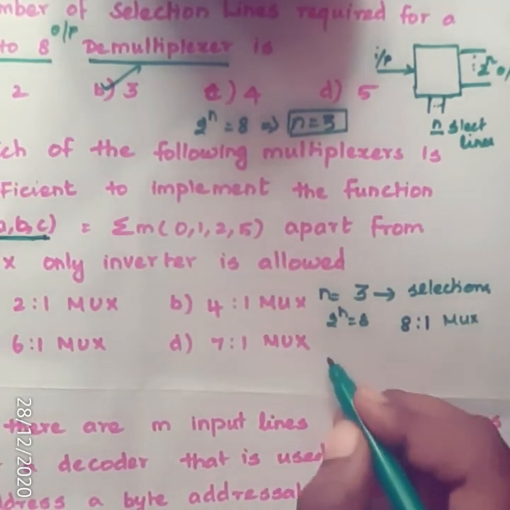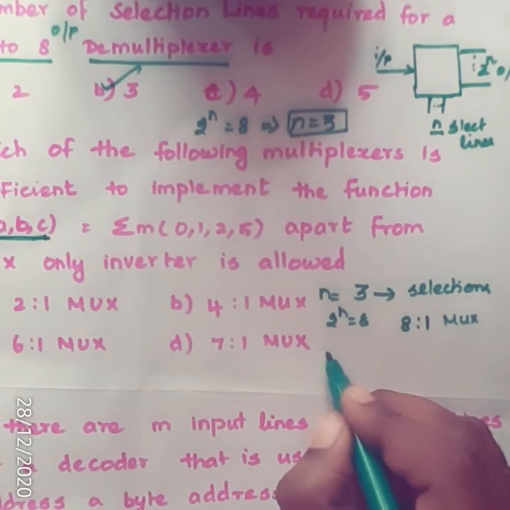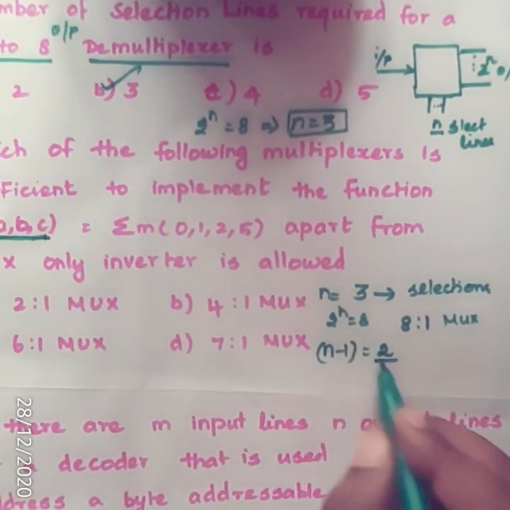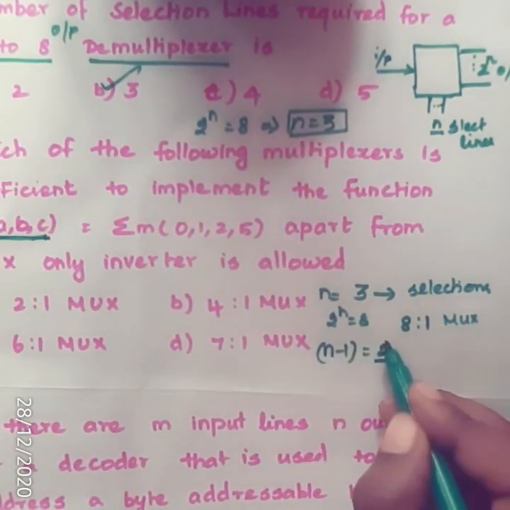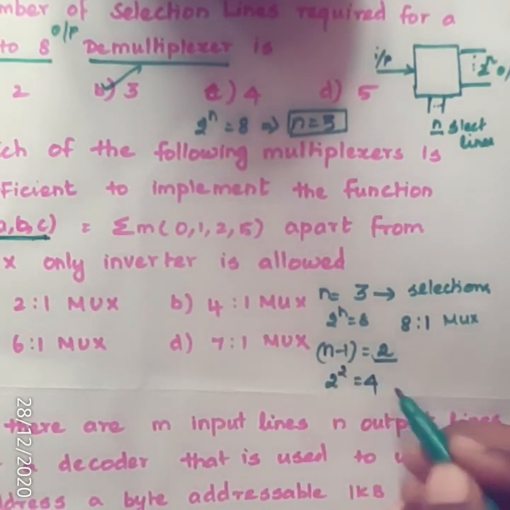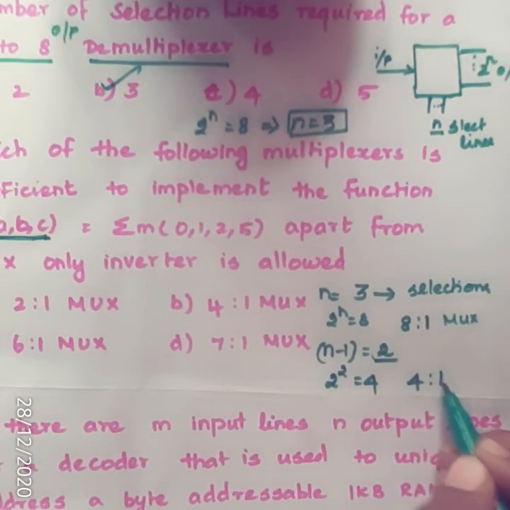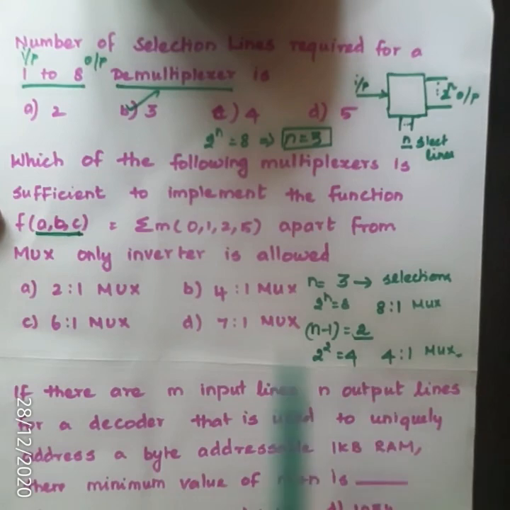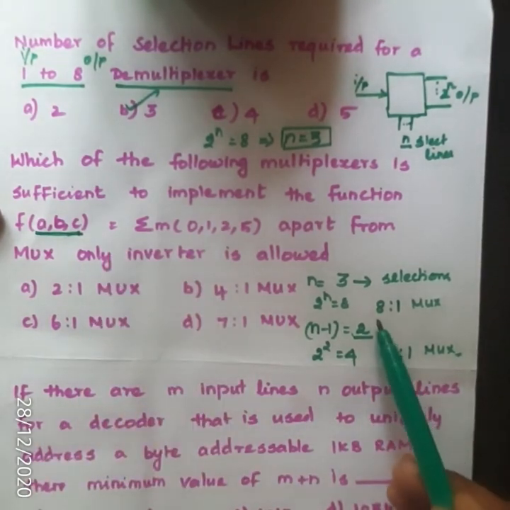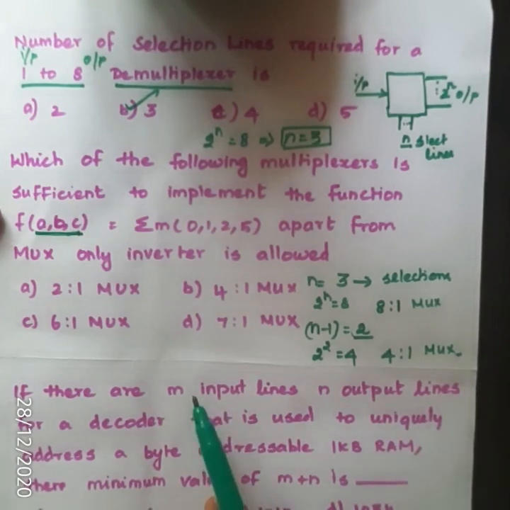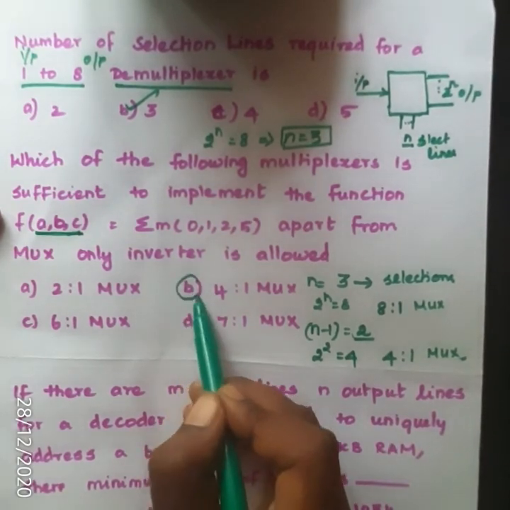Another method is you can give n minus 1 variables as selection lines. N minus 1 is 2, so the multiplexer has 2 selection lines and 2 power 2, that is 4, input lines. So a 4 cross 1 multiplexer. So there are two options to implement this Boolean function, either by using an 8x1 multiplexer or a 4x1 multiplexer. The answer is B.